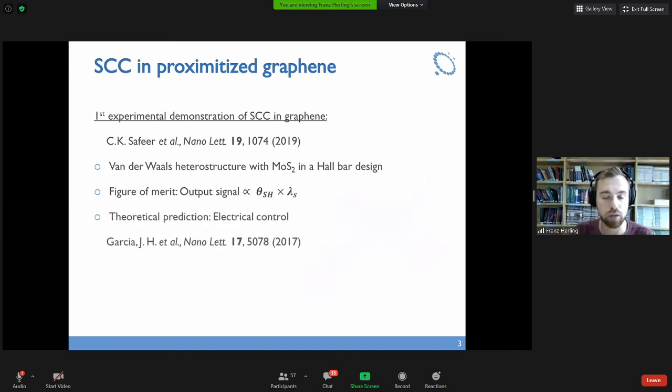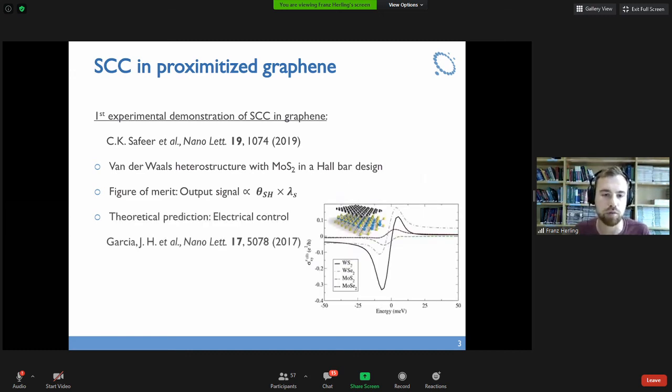And the last question that arose from our findings last year was that there are theoretical predictions of electrical control of this spin-to-charge conversion. There has been a theory paper where they study the spin Hall conductivity, plotted versus the Fermi energy of the material for different TMDs.